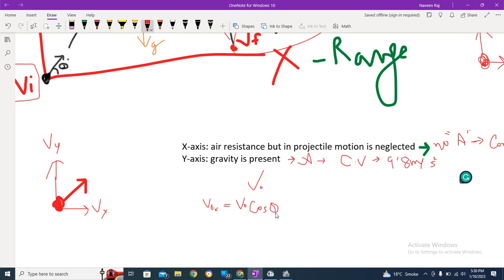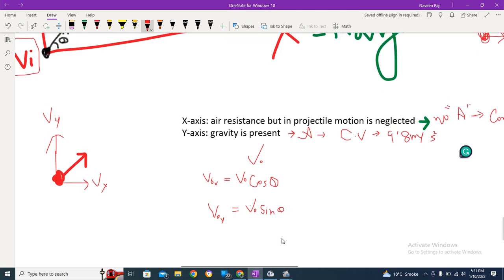And v naught y would be equal to v naught sine theta. This is how it works, and of course we know that v is the final velocity.